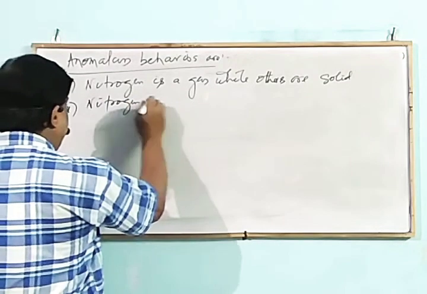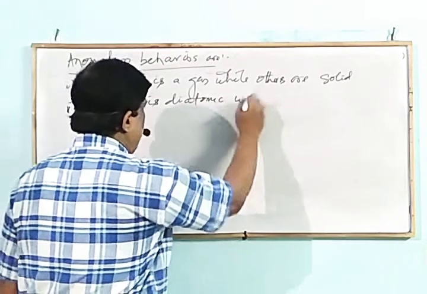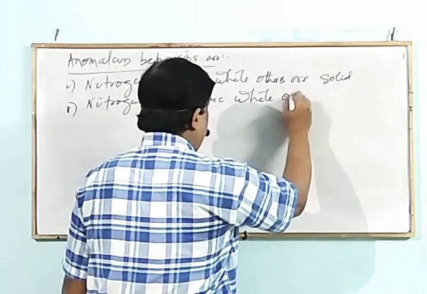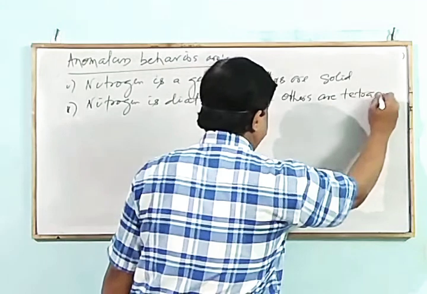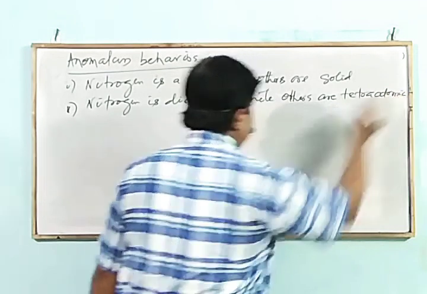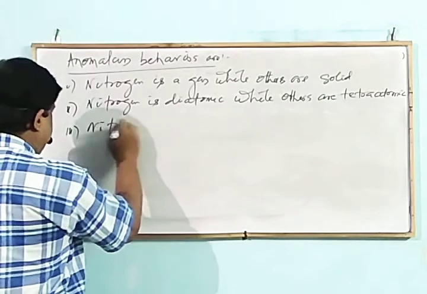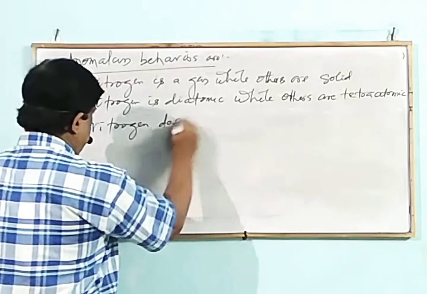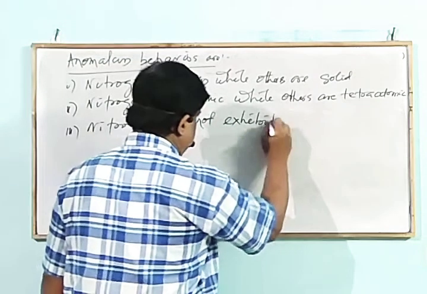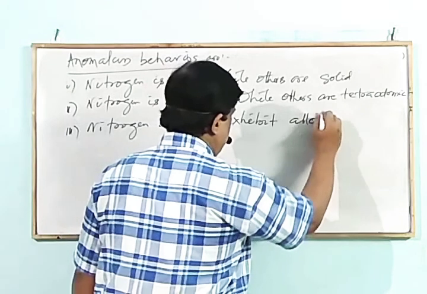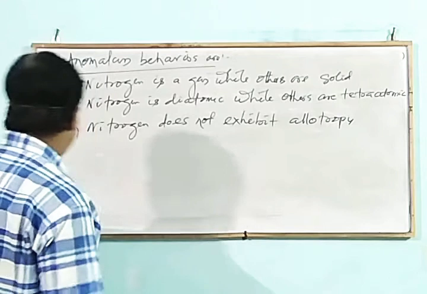Point 2. Nitrogen is diatomic while others are tetraatomic. Next point. Nitrogen does not exhibit allotropy while other members exhibit allotropy.